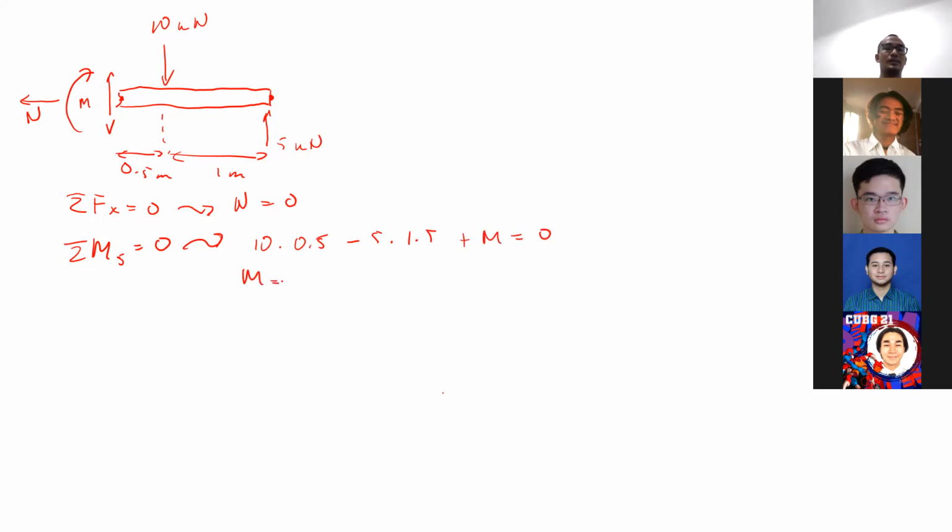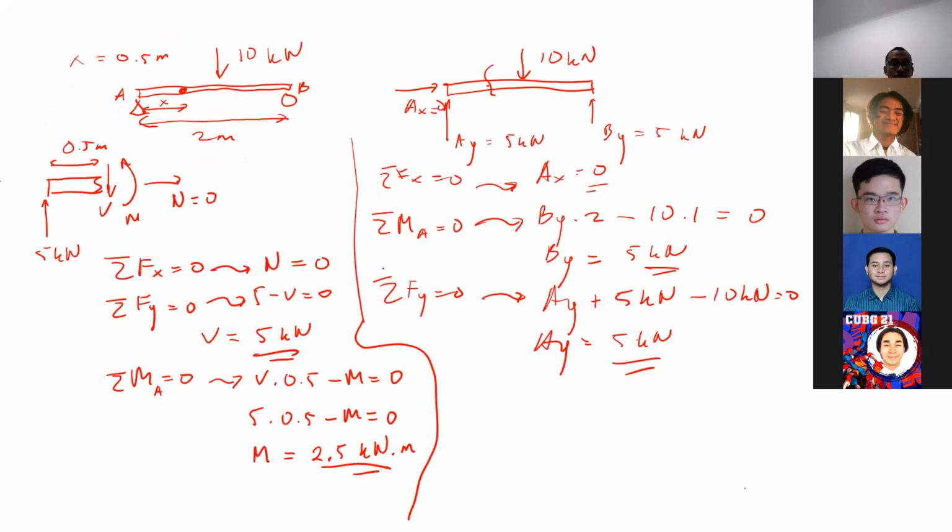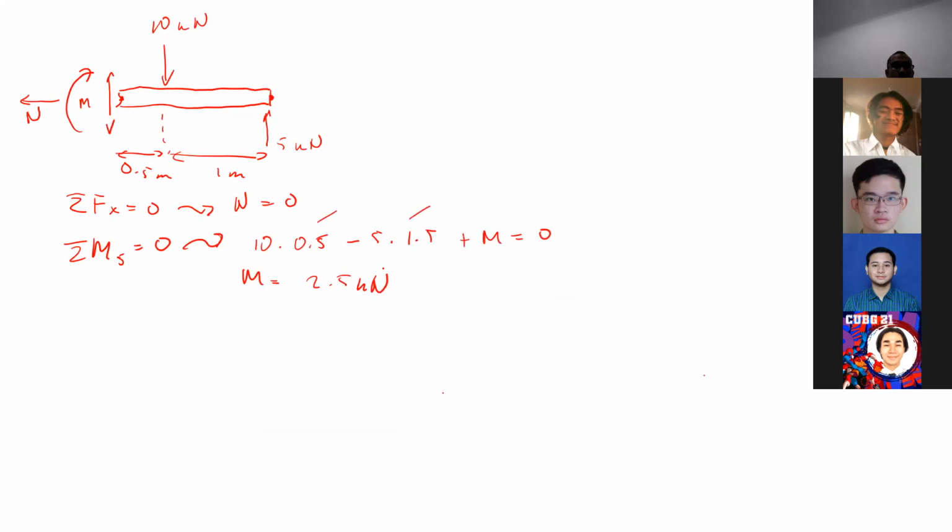Then what do we get for the moment there? This one will be 5, this one will be 7.5. The moment will be 2.5 kilonewton meter.